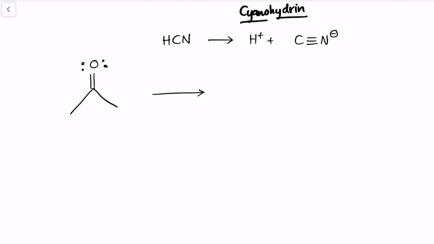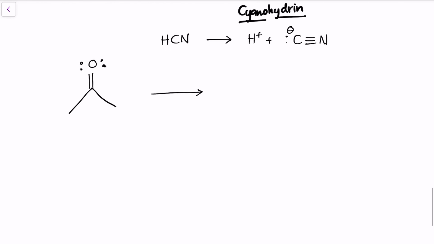Sorry, the minus should be on the carbon with a lone pair of electrons. So this CN, acting as a nucleophile, attacks the carbon. So again, nucleophilic attack, and the oxygen will end up getting the electrons back again.